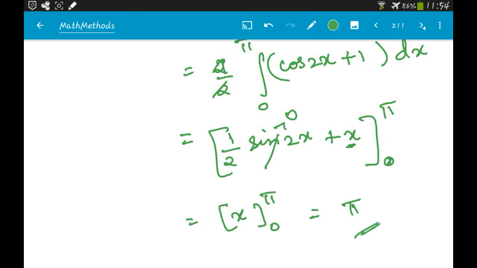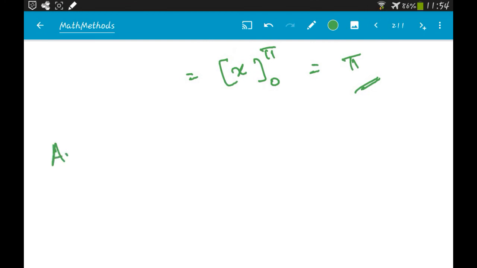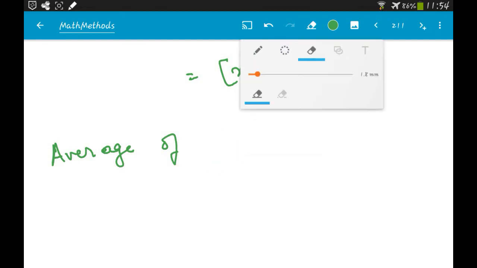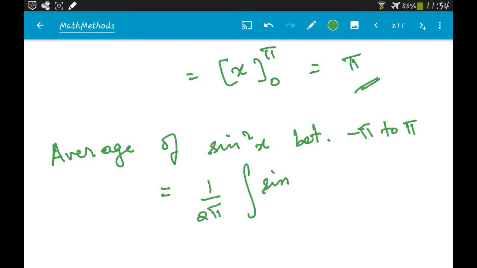Okay. So what is the average of this function? The average of sine square x between minus pi and pi is going to be 1 by 2 pi times the integral of sine square x dx from minus pi to pi.